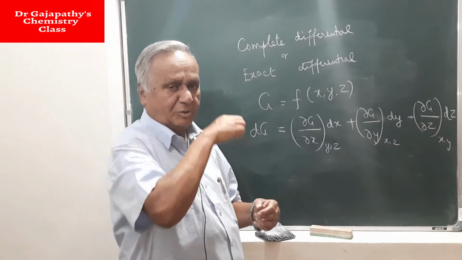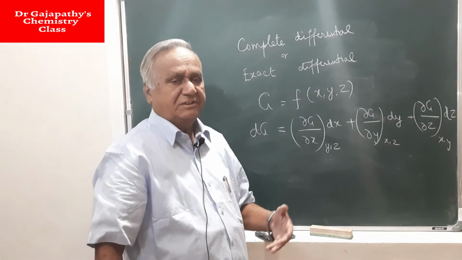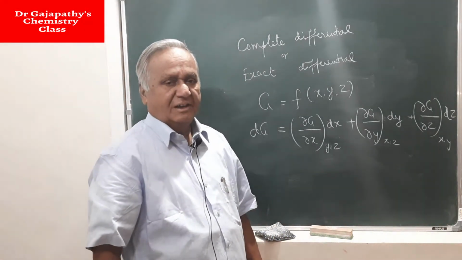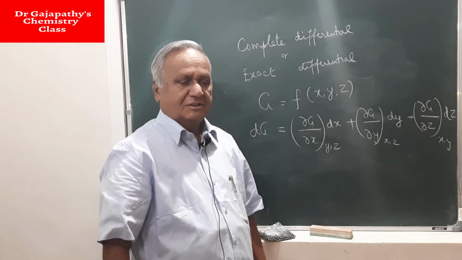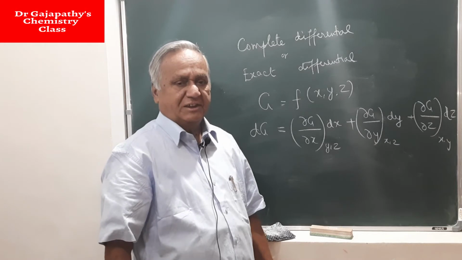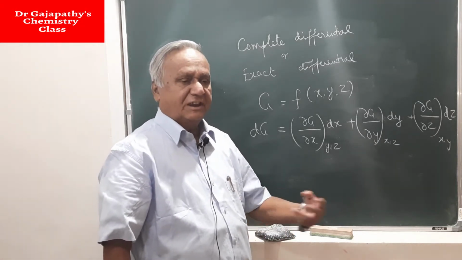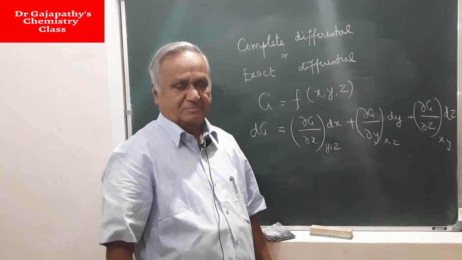To give a crude example, say your weight depends upon how much carbohydrate you take and how much fat you take. Suppose you have taken 20 grams of fat and 20 grams of carbohydrate. What will be the change in the weight?